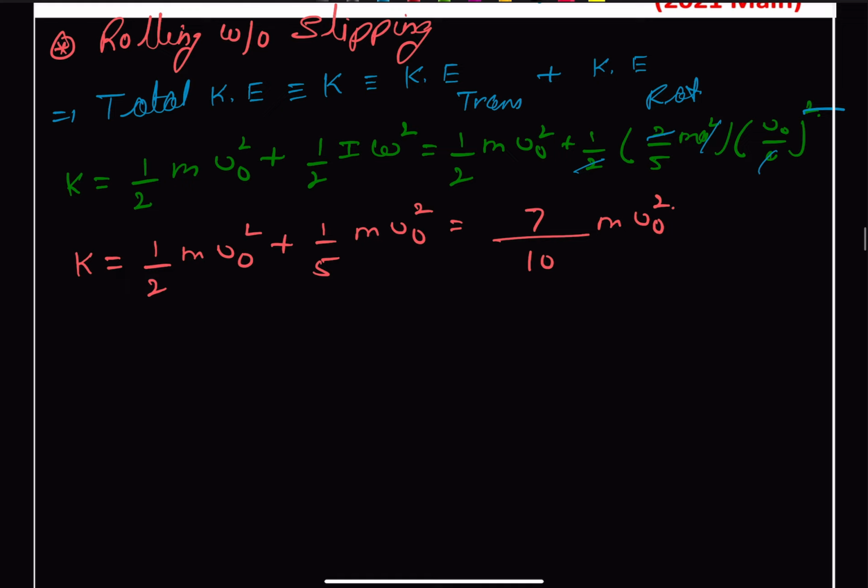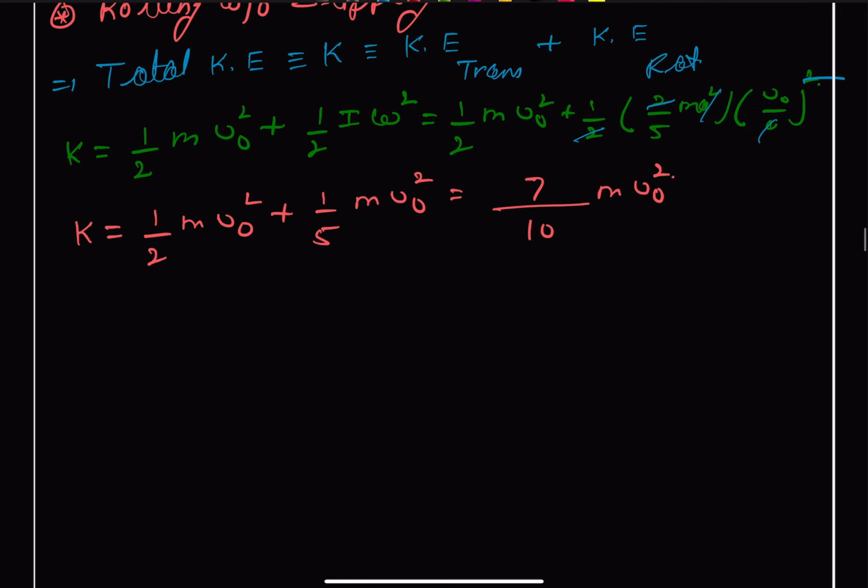And the potential energy at maximum height, or we can say the potential energy gained, that is U, will be equal to m g h, or we can write this as m g s sine of theta. We can use conservation of energy and equate them.